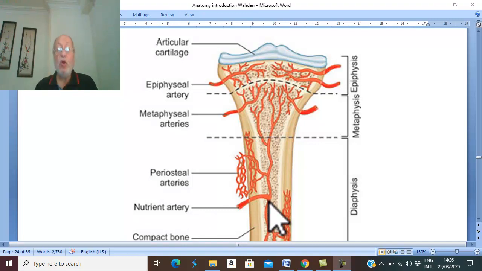The direction of the foramen for the nutrient artery. Do you think that the foramen for the nutrient artery is directed towards the growing end or away from the growing end? The growing end in this bone, which is the tibia, is the upper tibial epiphysis.